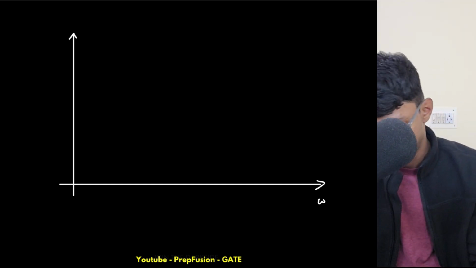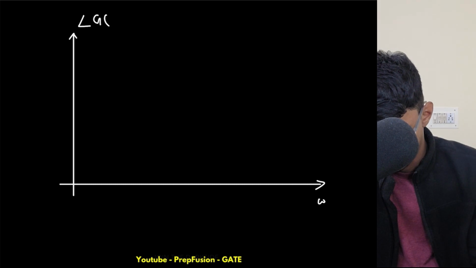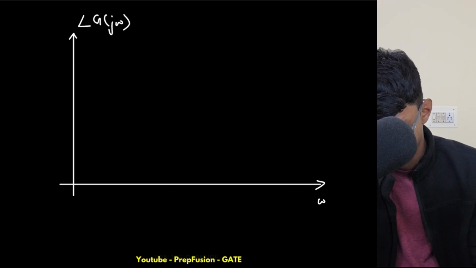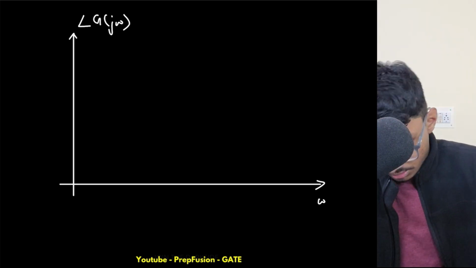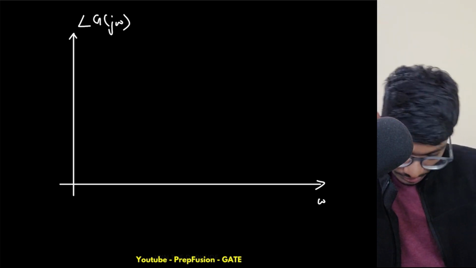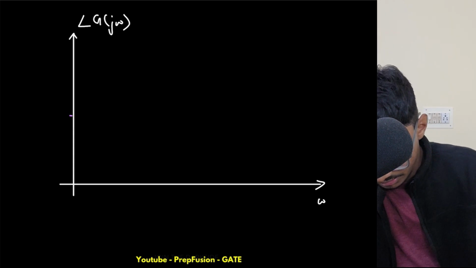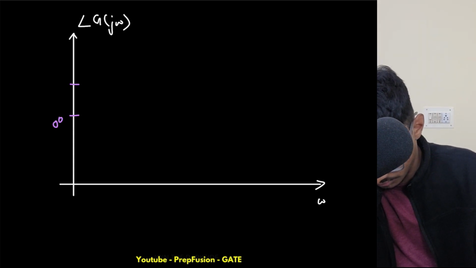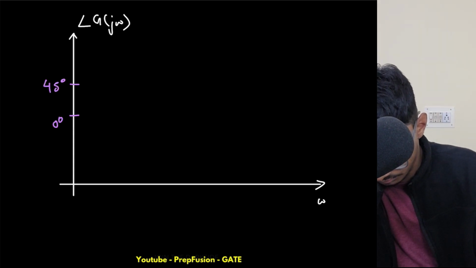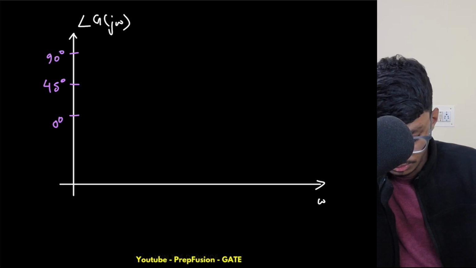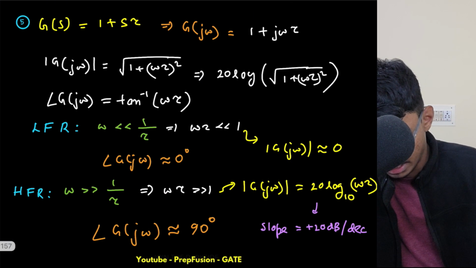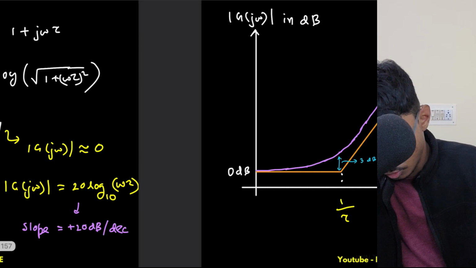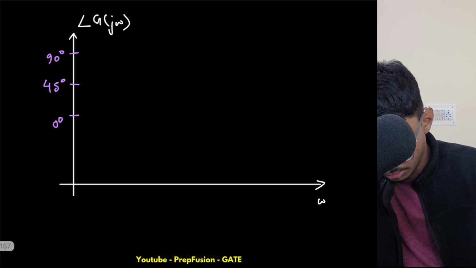So if I draw the axes, this is angle of G(jω), and this is ω, and let's say this is 0 degrees, this is 45, and this is 90 degrees. So my exact plot will look something like this. What is exactly this? Tan inverse ωτ.